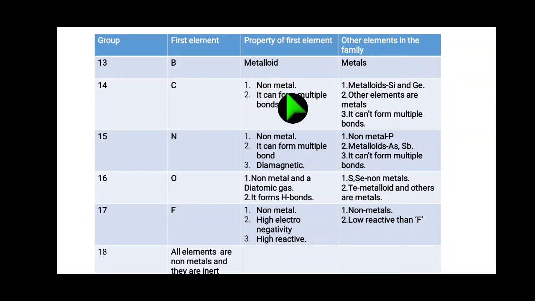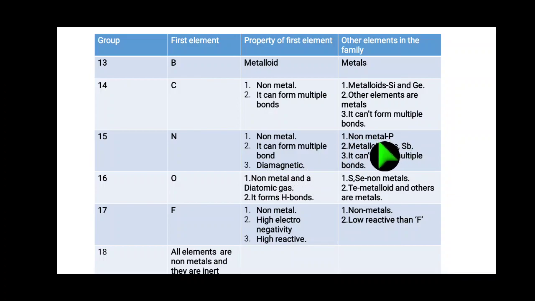Then carbon, non-metal, it can form multiple bonds. Other elements in the family: metalloids, silicon and germanium. Other elements are metals, they can't form multiple bonds. Next is nitrogen, non-metal, it can form multiple bonds, diamagnetic.